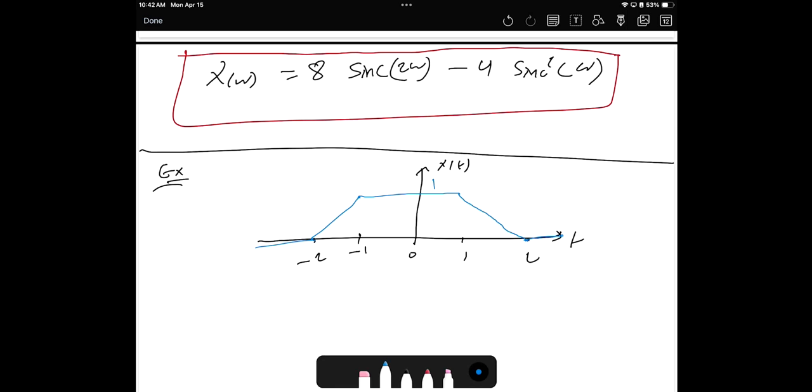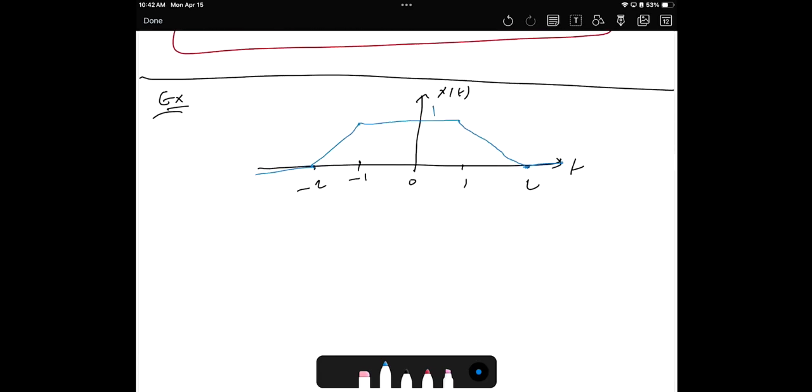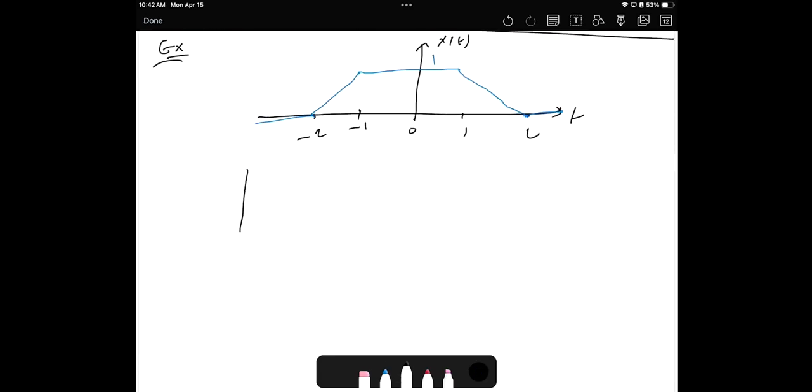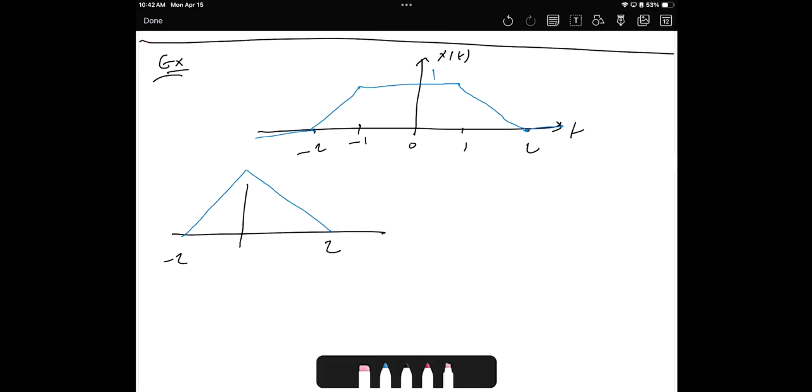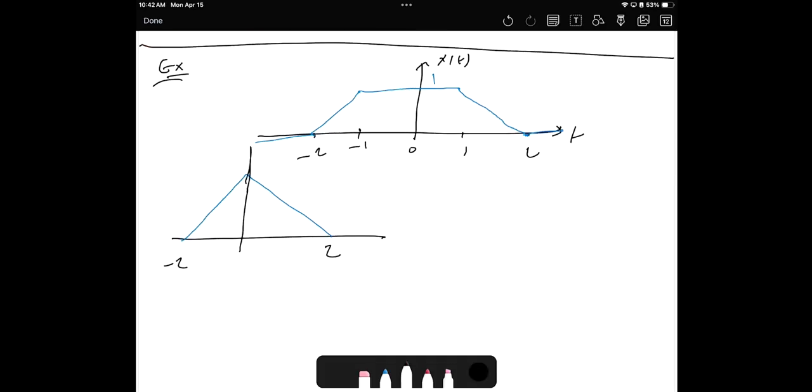We need to find the Fourier transform for this. To find the Fourier transform, we can split this function as two tri functions. How? Basically, the first tri will be the big one, from negative 2 to 2. So I can say this is A of t. Then subtract it.